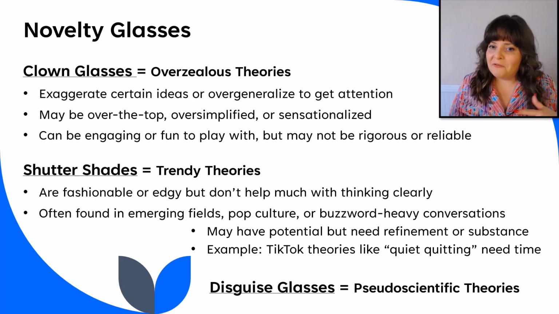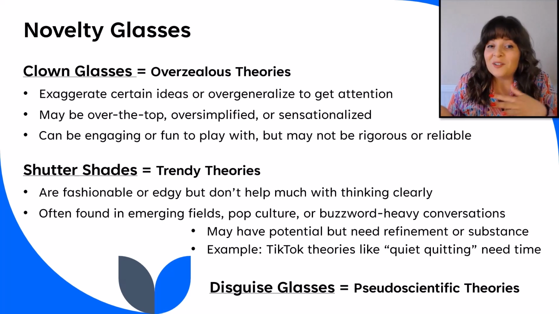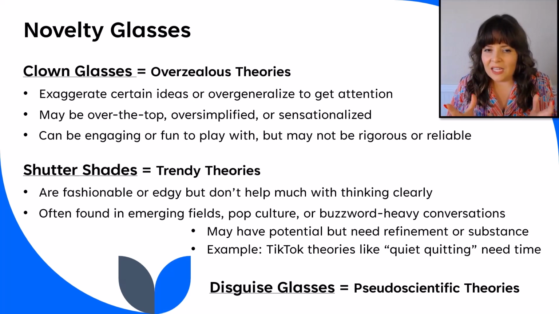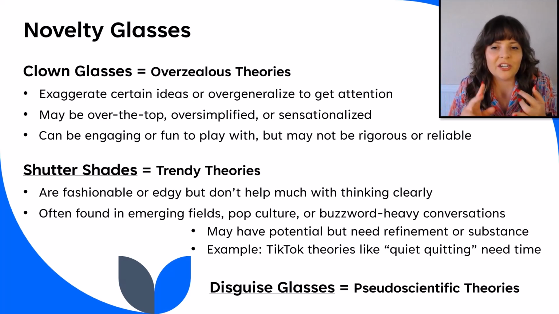We also have trendy theories. Shutter shades were popular when I was in college. And these are fashionable or edgy theories, but they don't help us much with thinking clearly. And sometimes these trendy theories can be found in emerging fields, pop culture, and other buzzword-heavy conversations. They may have potential, right?